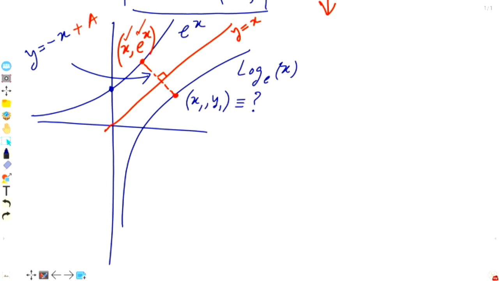Symmetric, right? Symmetric means this should be equal to that. Now, this one, if you extend it, this is A, right? Can you find A? Maybe there is a coordinate given here.